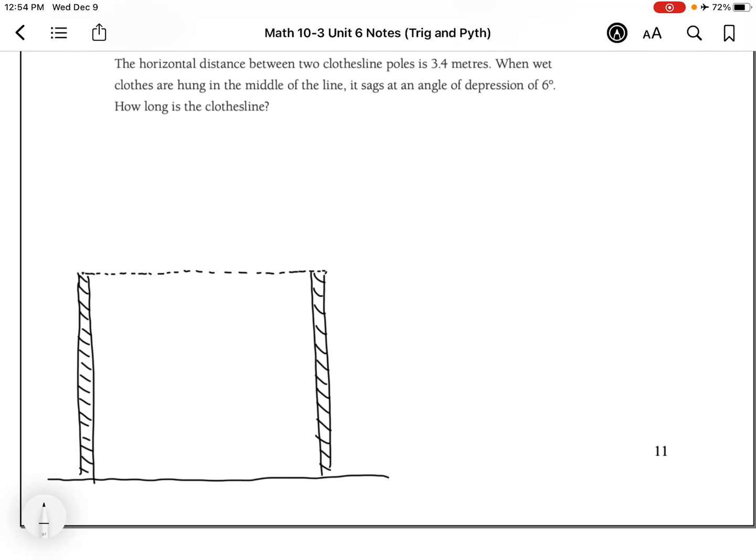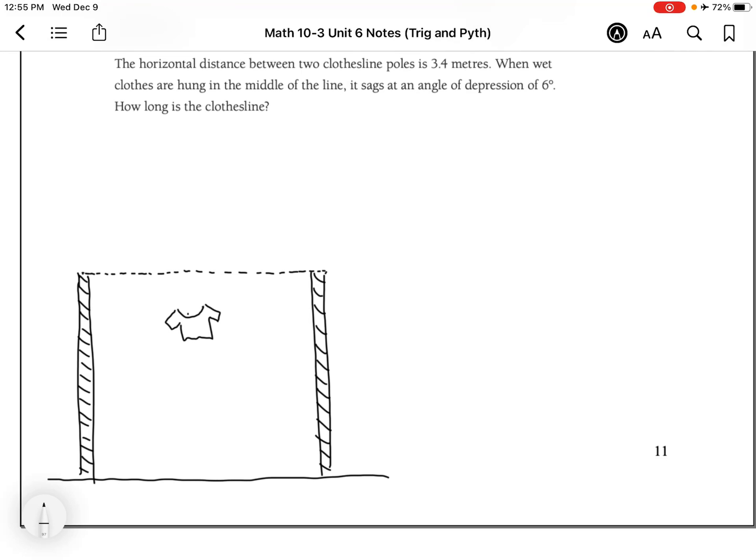Now this dotted line is a string. So when you hang some clothes in the middle of it, let's say we hang a t-shirt in the middle. So I'm going to draw a t-shirt. This is my terrible drawing of a t-shirt. And it's right in the middle. Oh boy, it's very short, like a crop top.